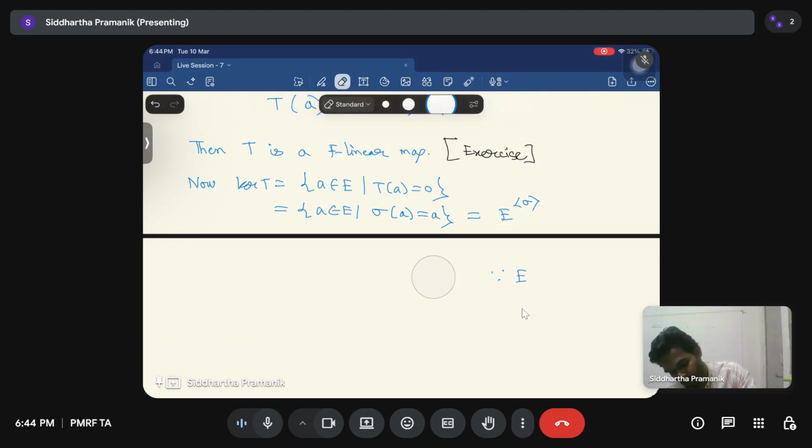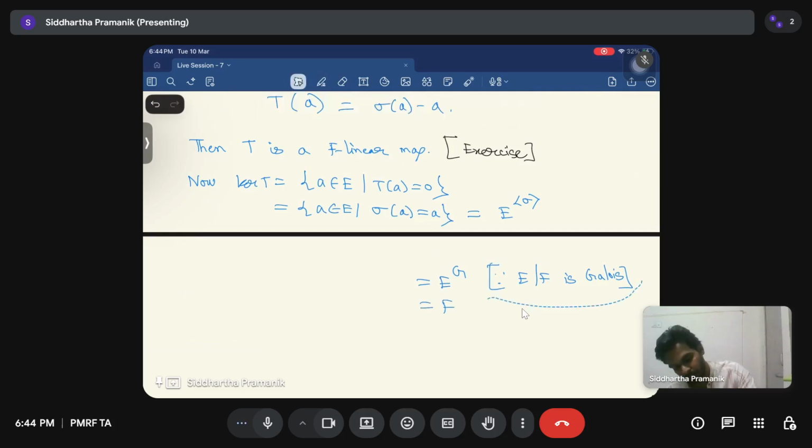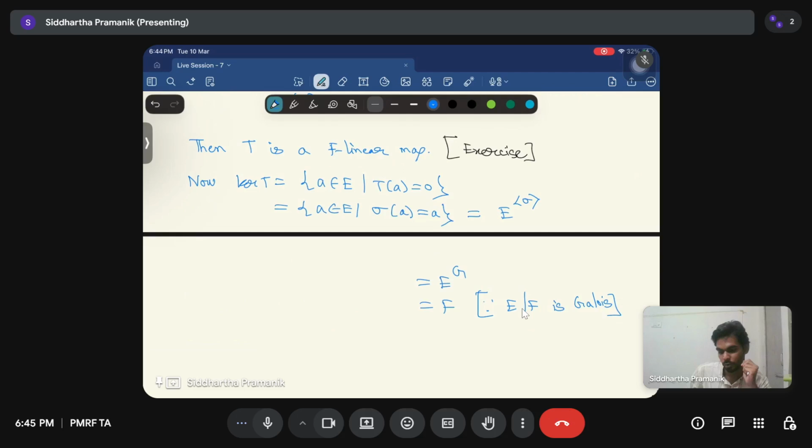Okay, so I should write one more line, because this is the same as E to the power G, and this is the same as F. So the kernel is the base field F.